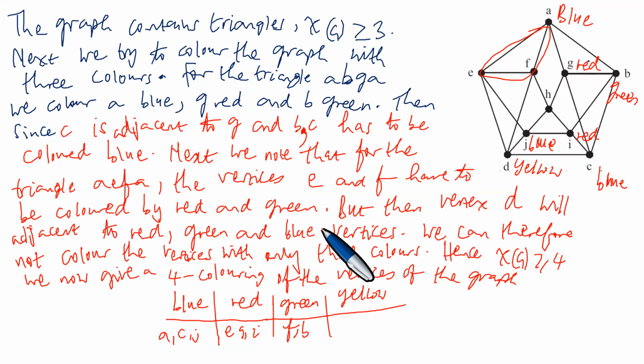So if you make E green and you make F red, you make E green and you make F red.